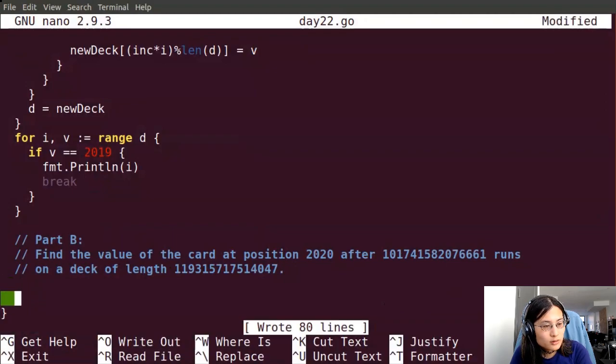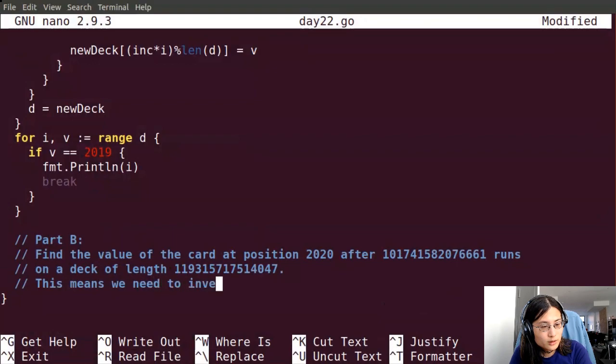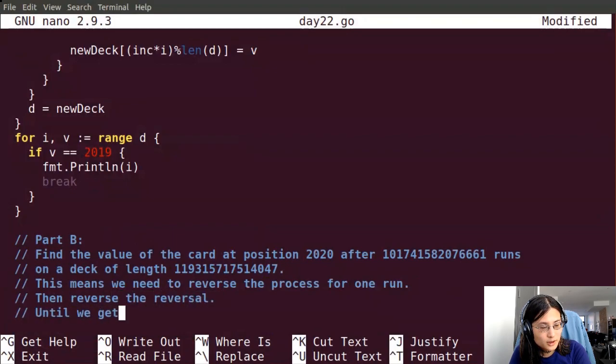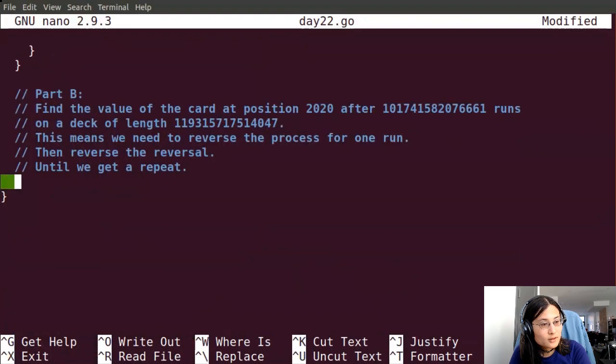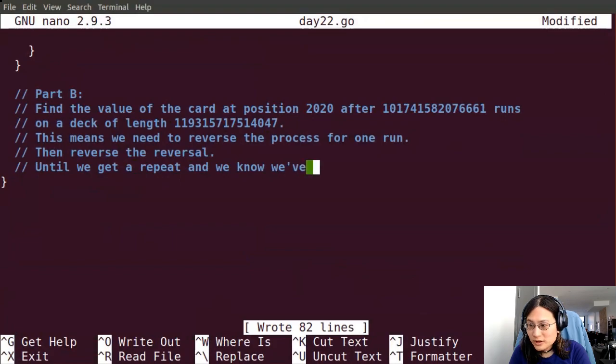This means I need to... okay. Still seems a little overwhelming, but I know how to do some pieces of this.